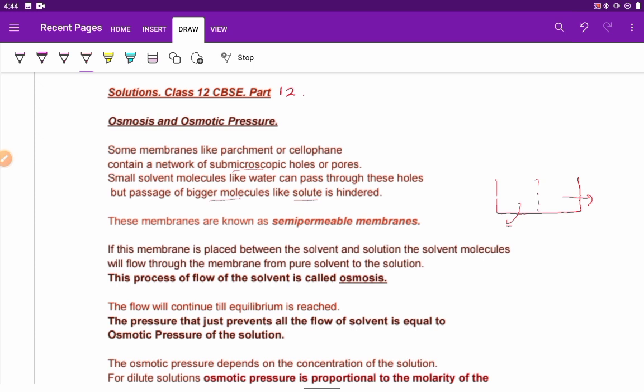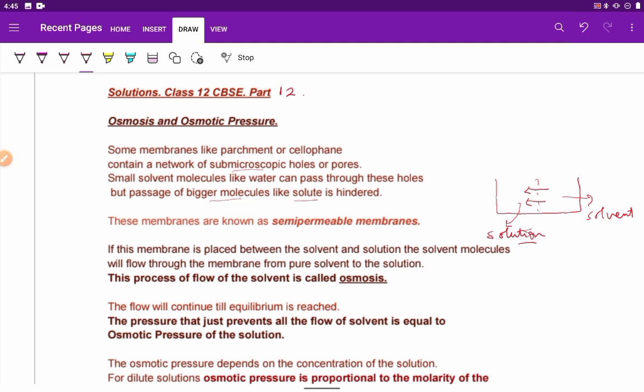We find that the solvent molecules will flow through the membrane from pure solvent to solution, from the solvent side towards the solution. This process of flow of the solvent is called osmosis, and this flow continues till equilibrium is reached.